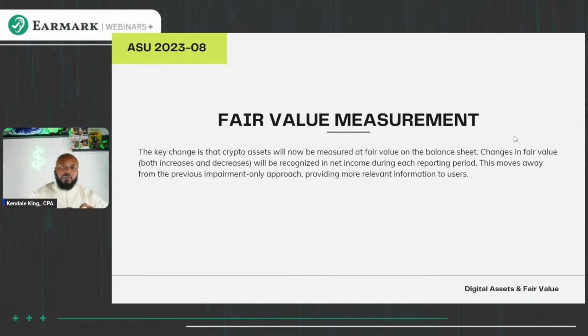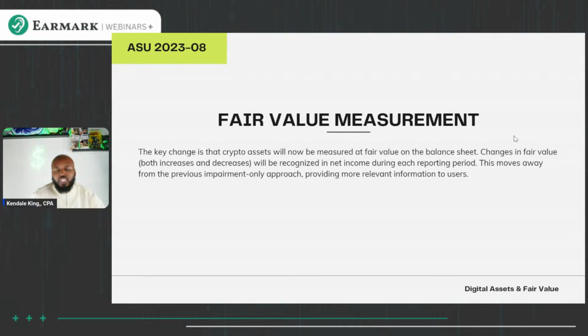And again, it moves away from the previous approach, which was just write down, just impair, but don't come back up. But it provides more relevant information to everybody, because now we can see the true value at this point in time of these assets on the balance sheet, and it's properly reflected in both the balance sheet and the income statement as well. So that's the big change.